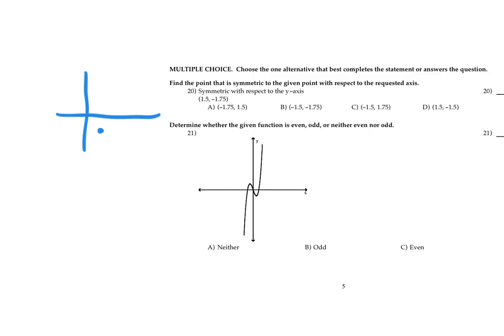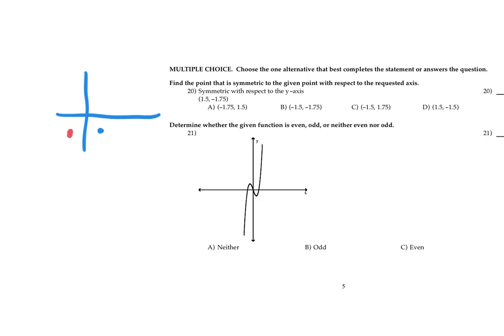Just which quadrant it is going to be in is the most important thing, okay? If I say that it is symmetric with the y-axis, what that means is that's the axis that I am flipping it over. So if this is my point and I flip it over the y-axis, then it's going to end up over here, right? That's where my new point is going to be.